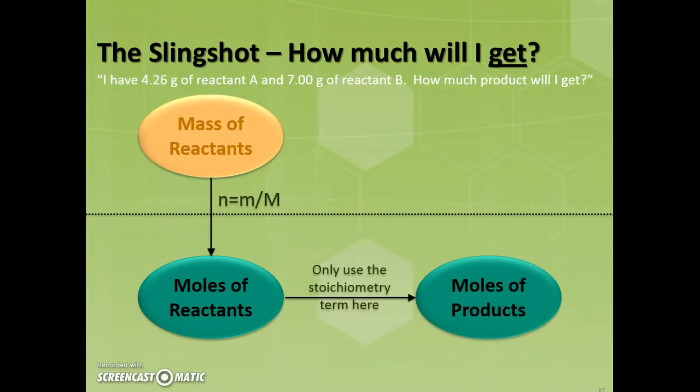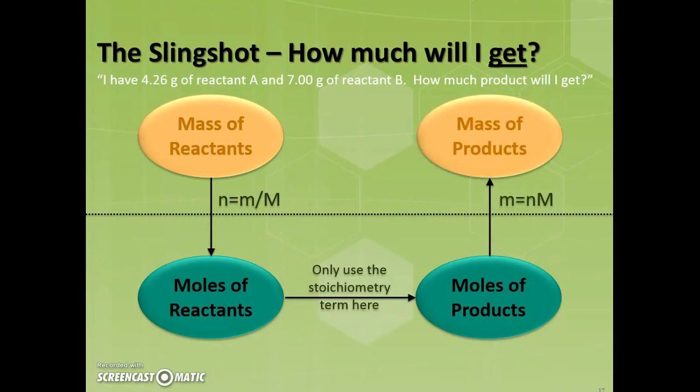Next, we use our stoichiometry term to find the number of moles of products. Finally, we again apply our molar mass, this time of our products, to turn moles of products into mass of products. So it's a three-step process, and we know how to do all three of these steps.